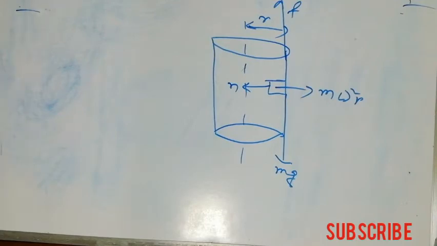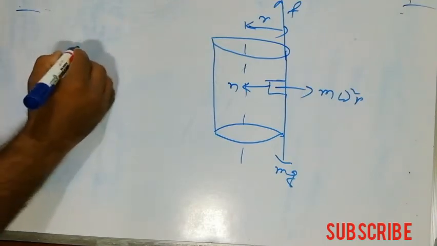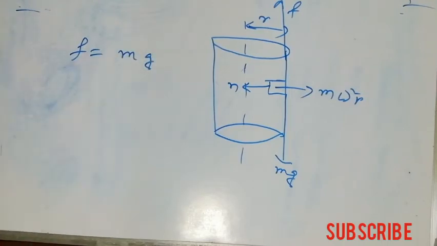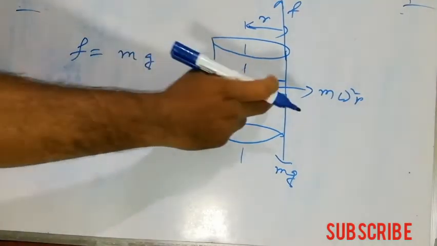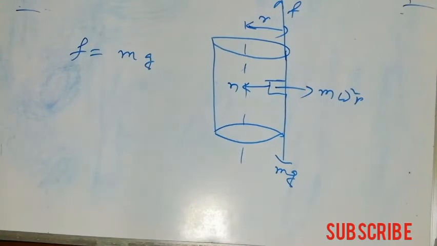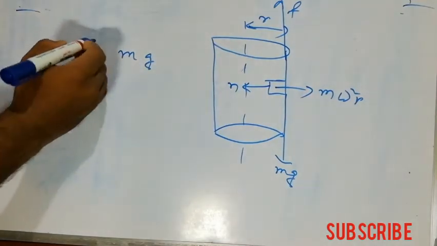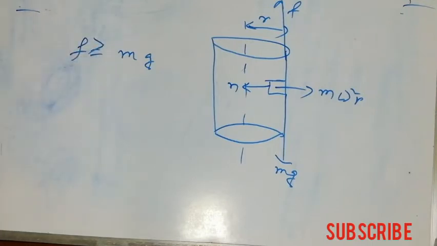To be balanced, F must be equal to its weight. To stick on the inner wall of the cylinder, the frictional force must be greater than or equal to the weight of the block.